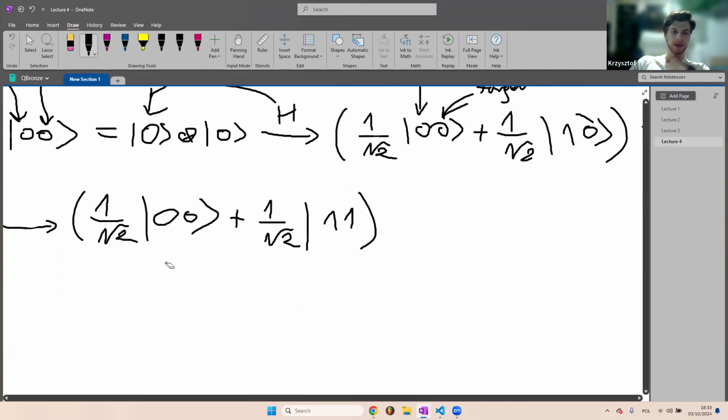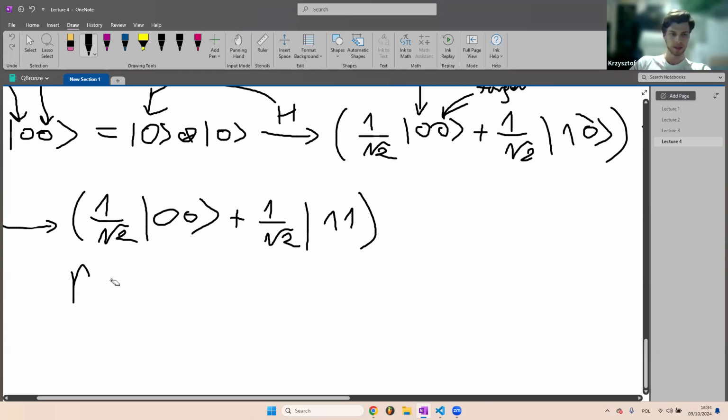Why? Because if you measure the state of one of the qubits, you will instantly know the value of the second qubit. Because if this is 0, then the other one must also be 0. And no matter how many tries you get, you will always get both zeros, or both ones with equal probability.